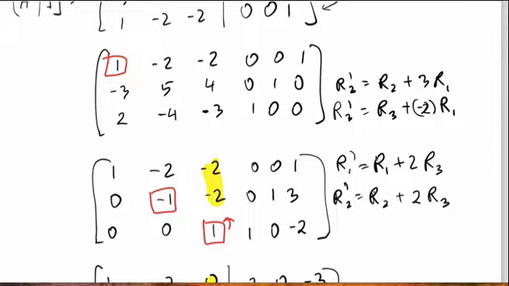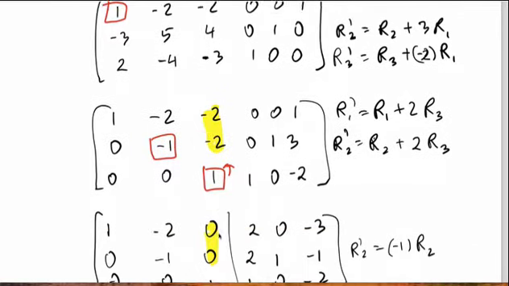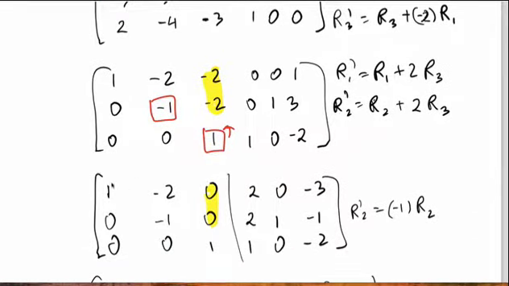And same thing with the first row, it's the first row plus 2 times the third row to make minus 2 cancelled by plus 2. Then we get this matrix. Don't forget to do the multiplication and additions on the right-hand side also, the augmented part. So we got the zeros there. This is what we wanted.